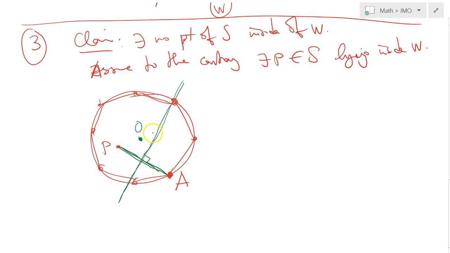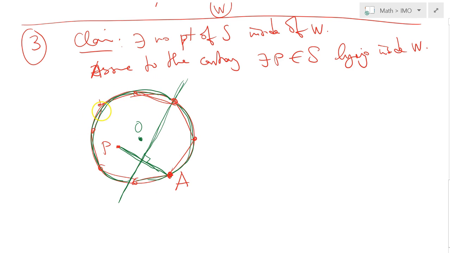But because it does not go through the circumcenter O, it means that there exists a point on this major arc which does not contain A. So this perpendicular bisector splits the set W, the convex hull, into two portions, one smaller and one larger.